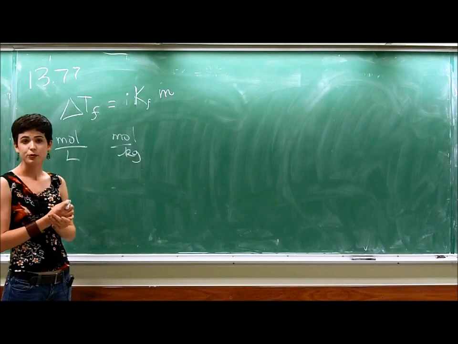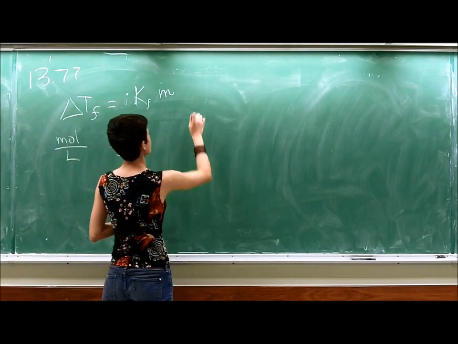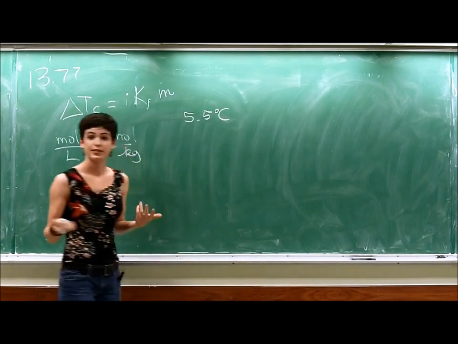We're given that the freezing point of benzene, which is the solvent that we're working with, usually is 5.5 degrees Celsius.